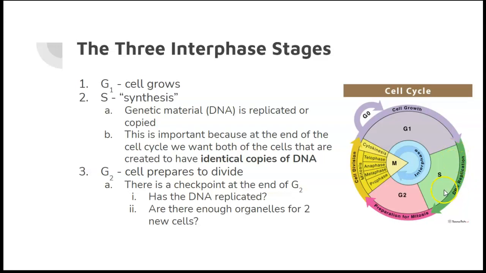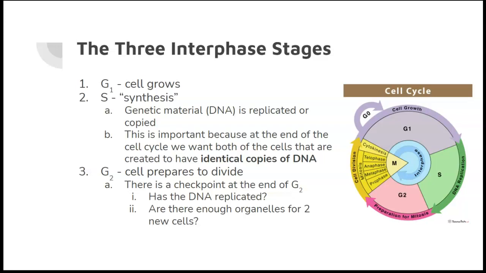After the DNA replicates, we go into our final stage of interphase, which is the G2 phase, and that's when the cell prepares to divide. But the important part here is that there's a checkpoint, and this is sort of like someone stopping you at the end and saying, are you actually ready to divide?